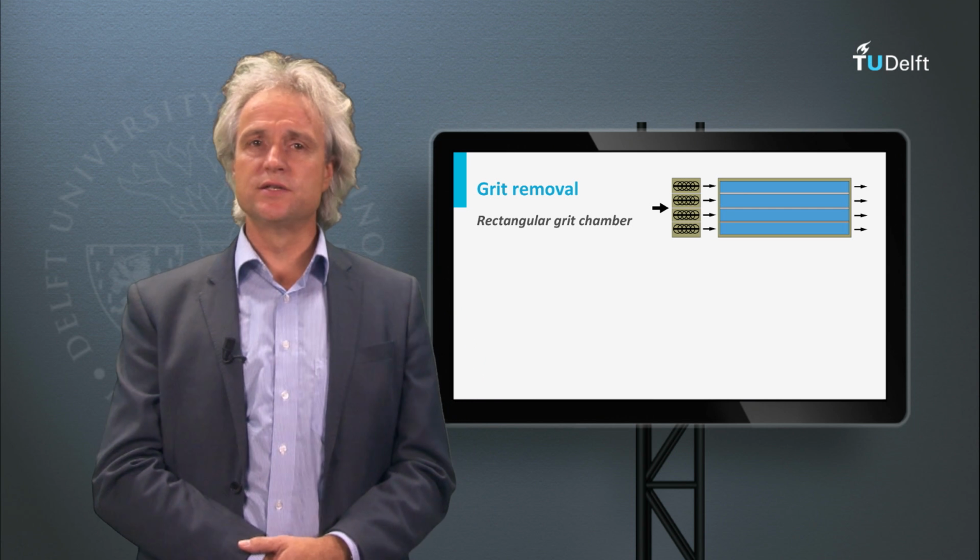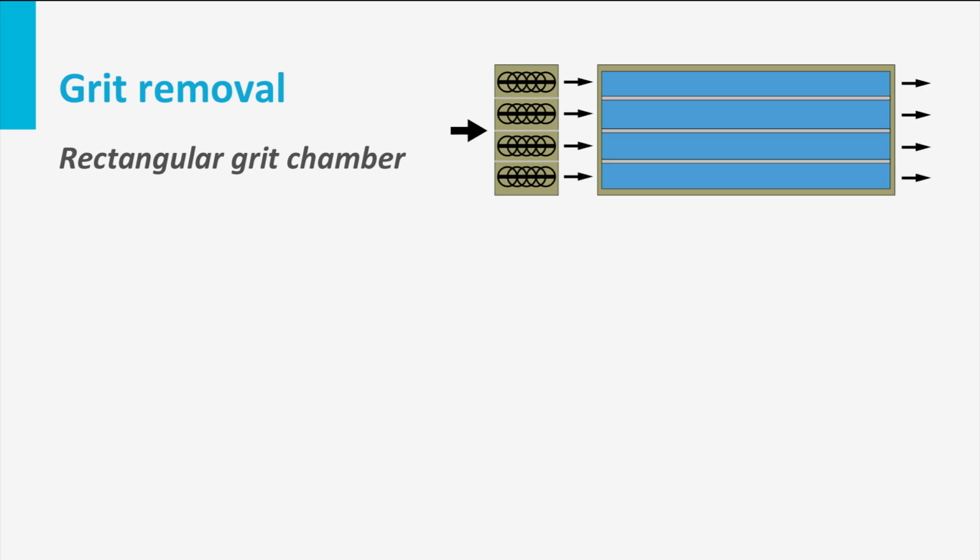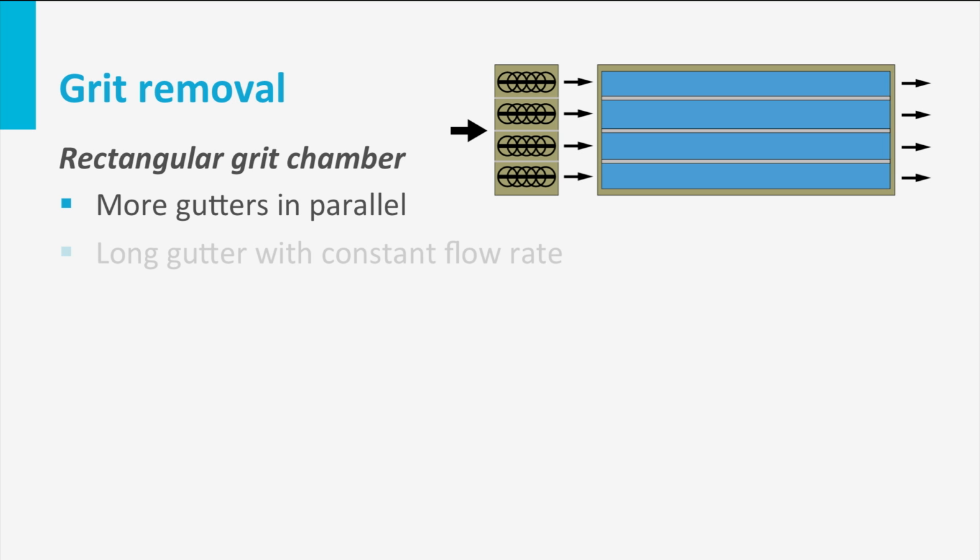Owing to the high variations in sewage flow, generally various rectangular grit chambers are designed next to each other, which can be disconnected when not needed. The final design results in a number of, for instance, 4 long gutters, receiving a constant flow rate, having a constant discharge to the next process units.